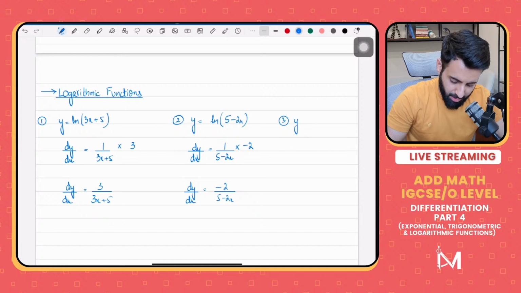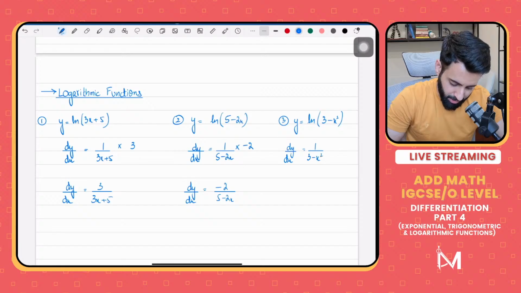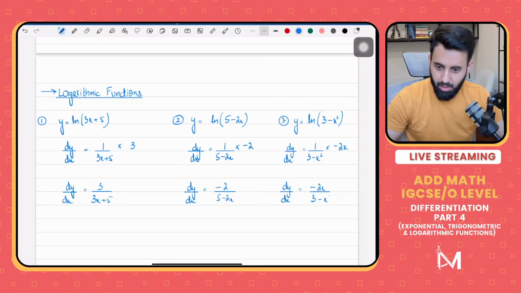Okay, let's do another example. Let's say you have y is equal to ln(3 minus x square). How would you differentiate it? Very simple. dy by dx is equal to 1 upon 3 minus x square. What would you get if you differentiate 3 minus x square? You would get minus 2x. So that means dy by dx is equal to minus 2x upon 3 minus x square.